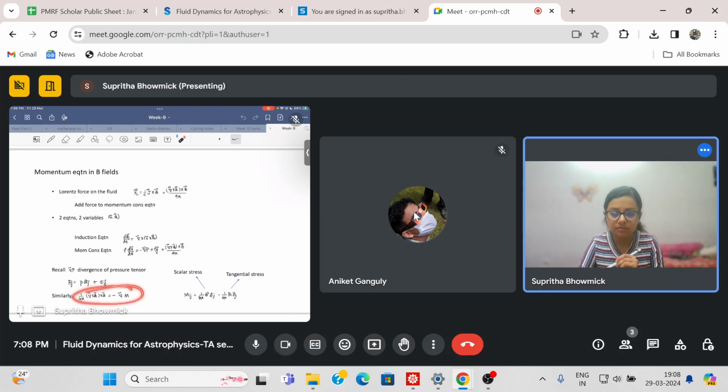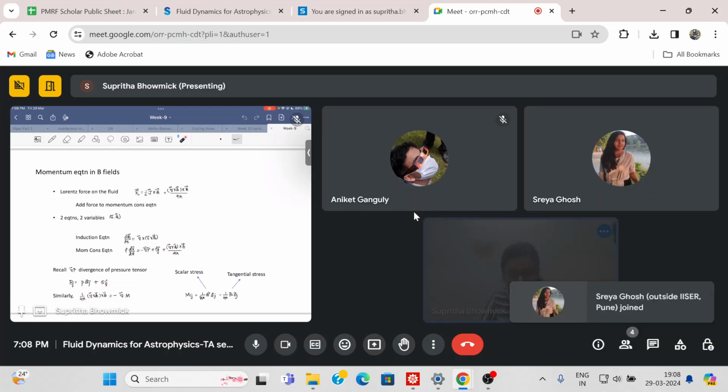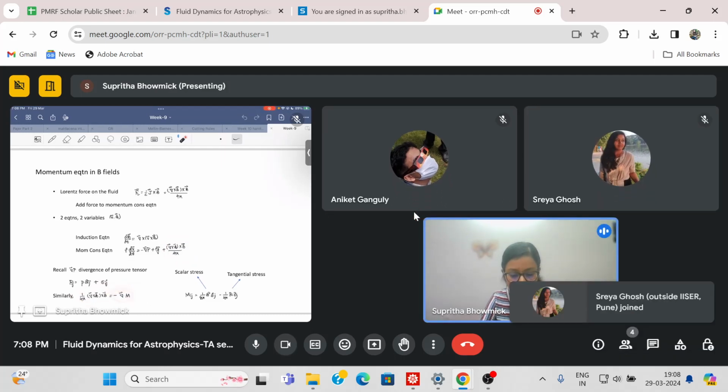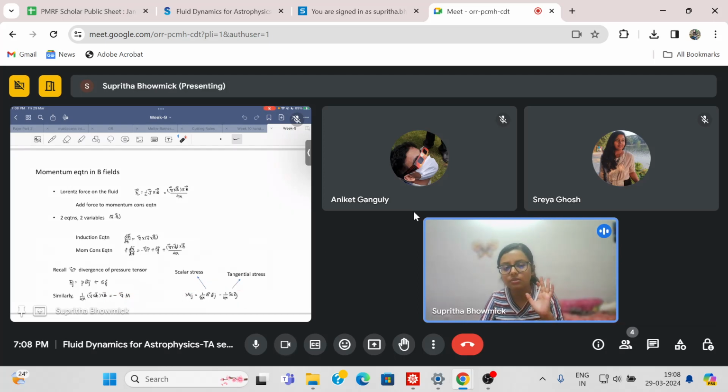We write this, and it can be verified that this M is actually a tensor given by this expression. The derivation is not very important. The point is you can take some B, let's say you can try B0 i cap or some other B, and you can test that this and the divergence of this are the same.